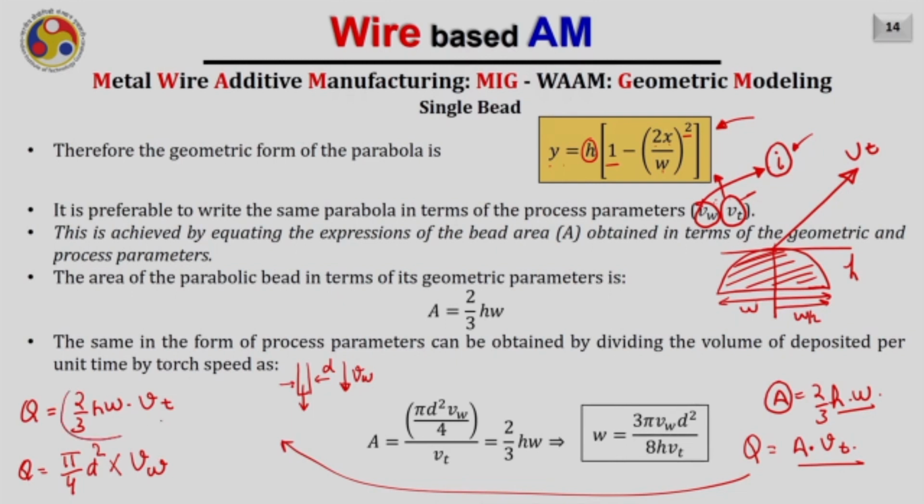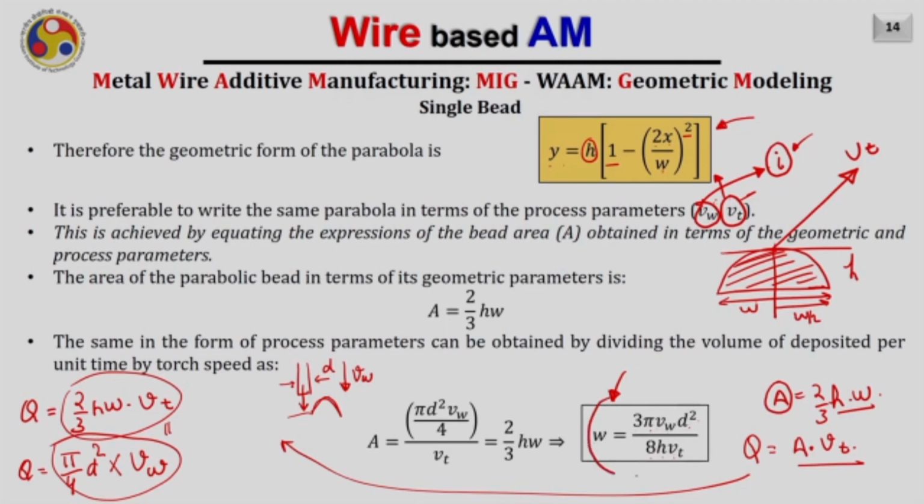Now, both these values should be equal, because the volume flow rate coming towards the molten pool and the volume flow rate corresponding to the deposition of the bead should be equal. As a result, you can easily find out the value of W if you just equate these two equations, and W will be equal to 3 pi Vw D square divided by 8 H Vt.